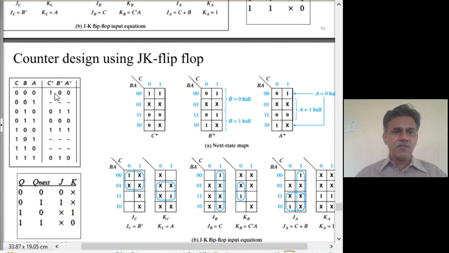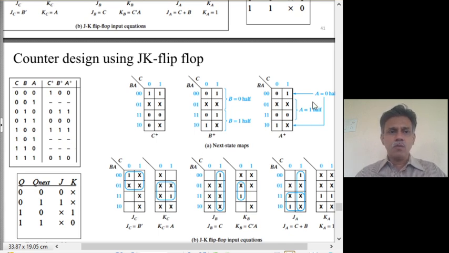So if you start filling for C plus, the way it is: 1x00 and then 1x0x. So 1x0x, this is how C plus is filled. Then B plus is 0x01, and then 1x1x. Then A plus is 0x01 and then 1x0x. So we have filled it.